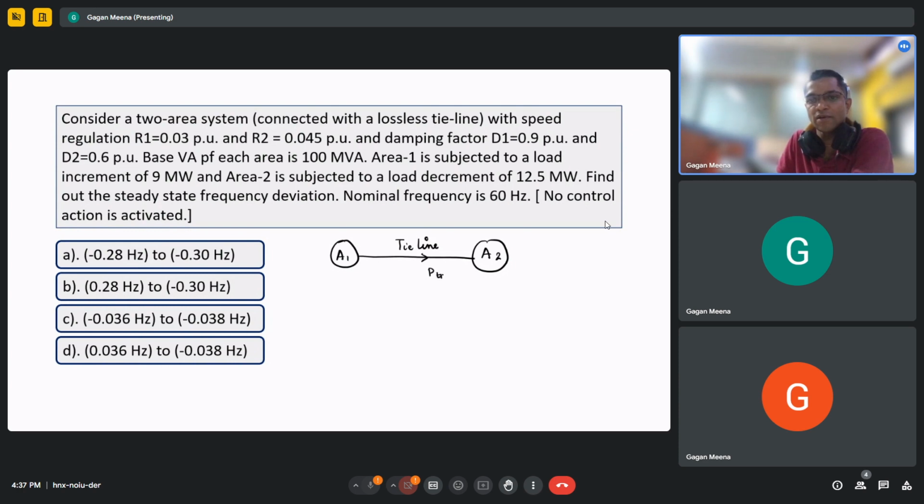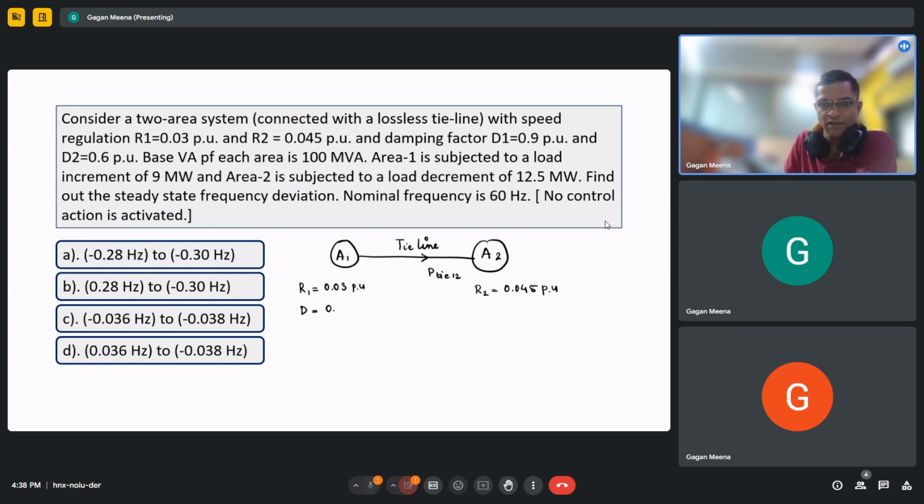P tie 1-2 is a lossless tie line with speed regulation R1 equal to 0.03 per unit and R2 equal to 0.045 per unit. That means it is in hertz per unit megawatt.